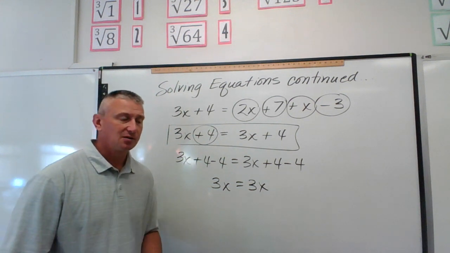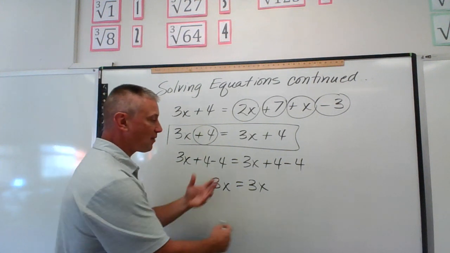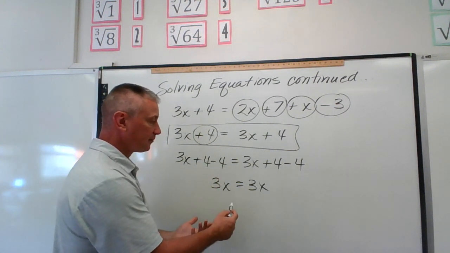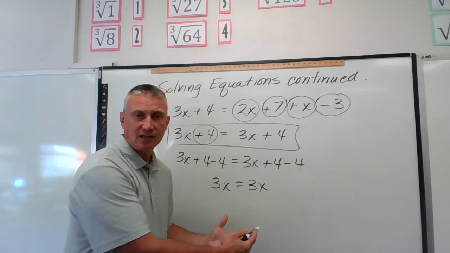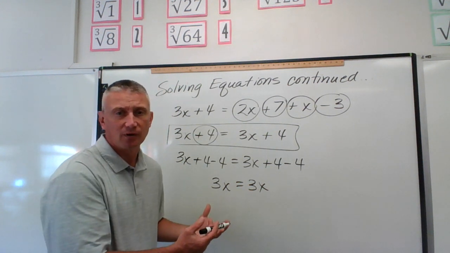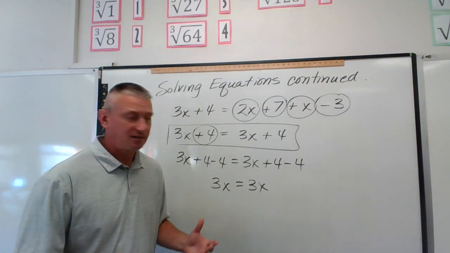And if I want to get x all by itself, well, I can do that, but I have to combine these like terms. I don't really necessarily need to keep going here because I want to show you something. It doesn't matter what we select for x in this case.